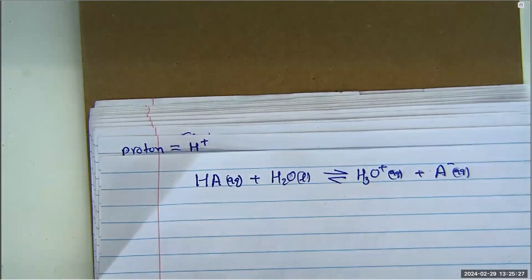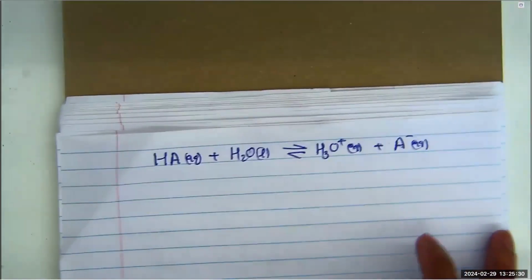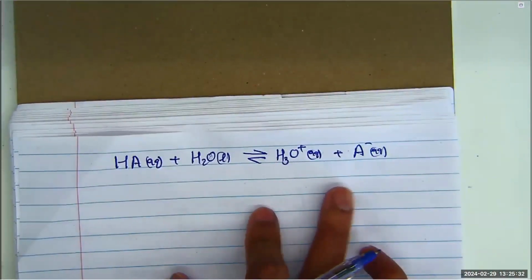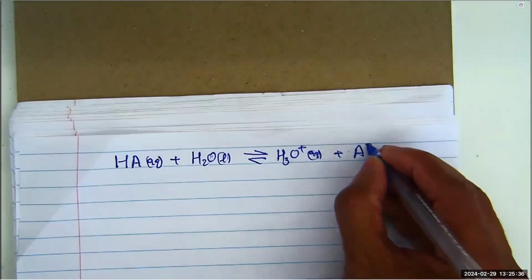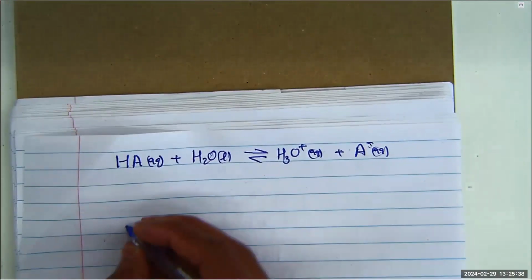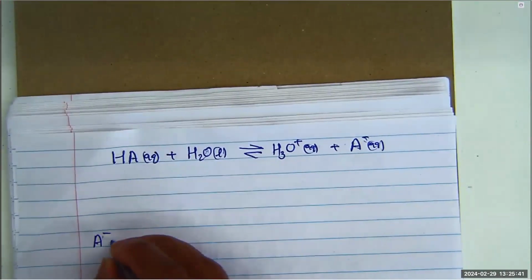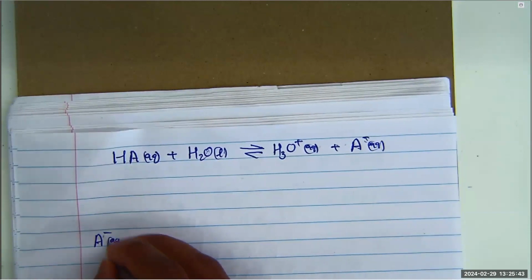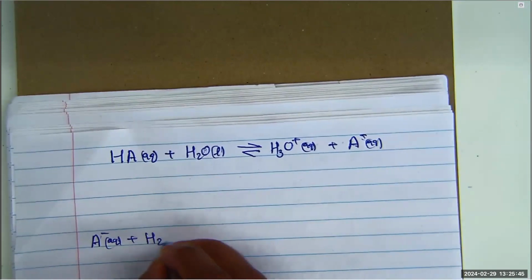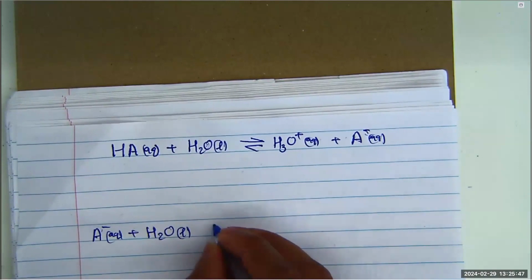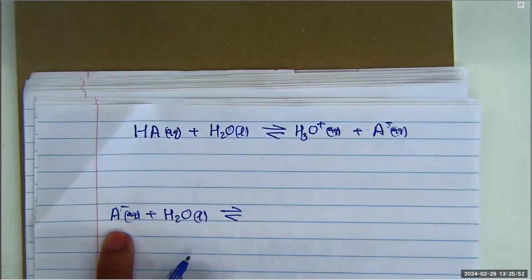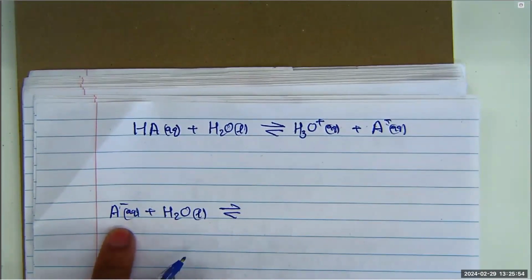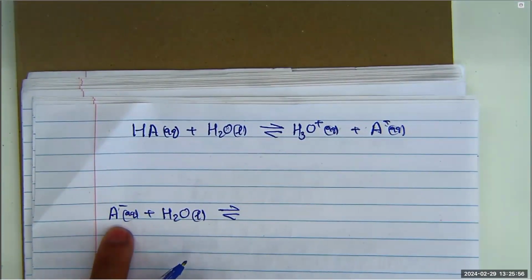Now, here's the question for you. Let's say that we want to react A minus with water. Okay. So if A negative reacts with water, what would happen? Will it react as an acid or a base now? It has a negative charge. Can it donate protons? No, it doesn't have a proton to be donated, right? It has a negative charge.